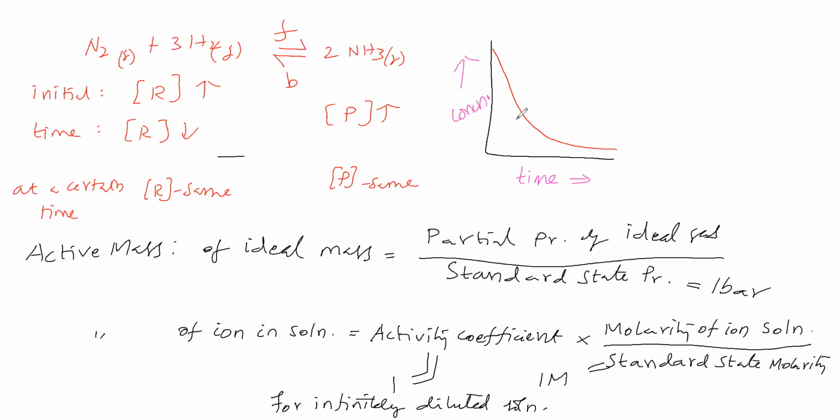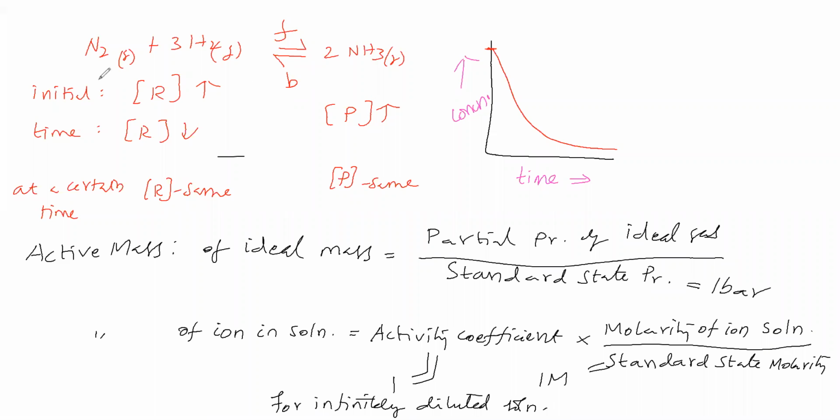So the concentration of reactants is maximum at the initial stage. As time passes, it goes on decreasing and attains a constant value at a certain time onwards. Next, we will see the concentration of product.